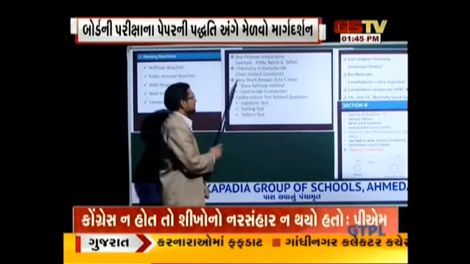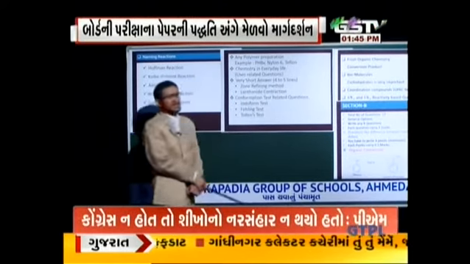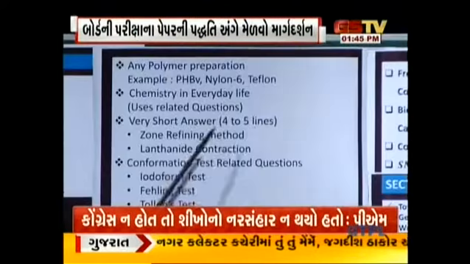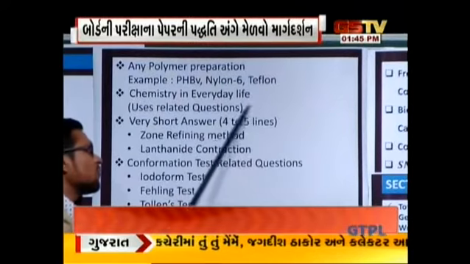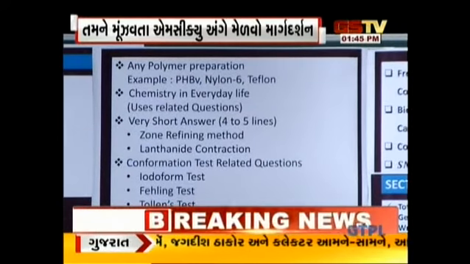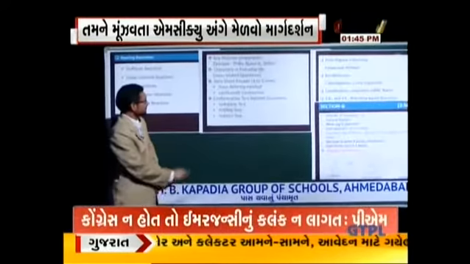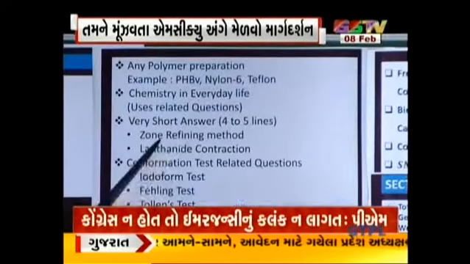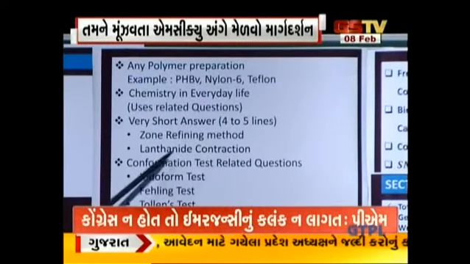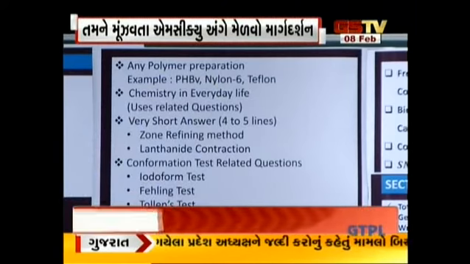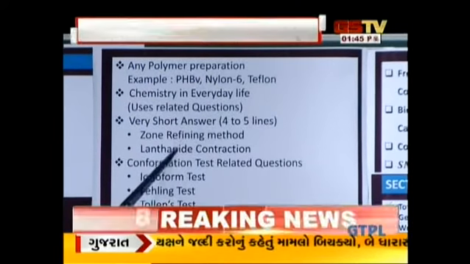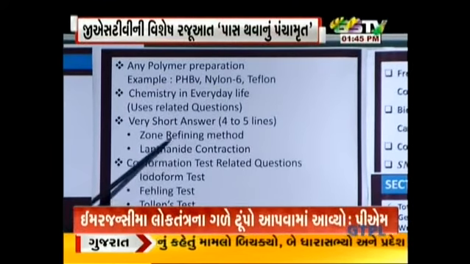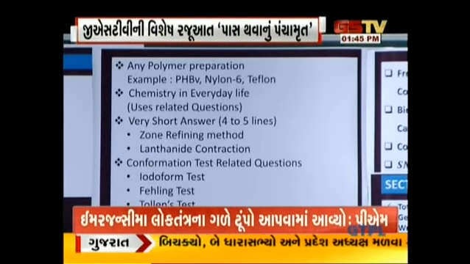Next, 2 marker questions are very short questions. Minimum you have to write 4 to 5 lines to get full marks. And questions like the zone refining method and lanthanide contraction will be asked in the 2 marker section.